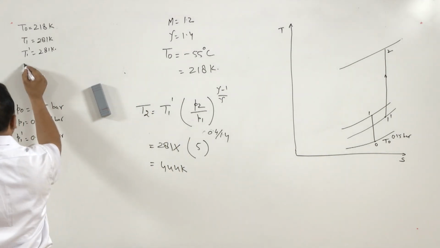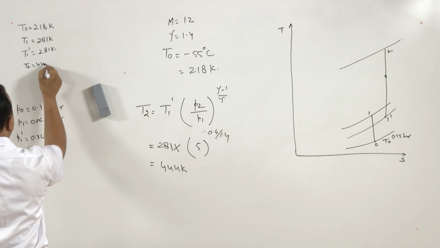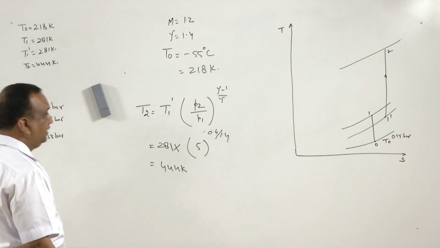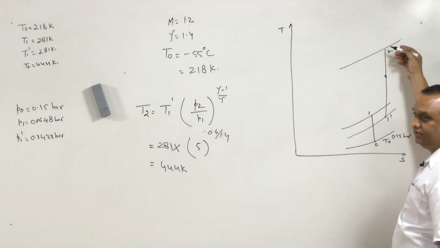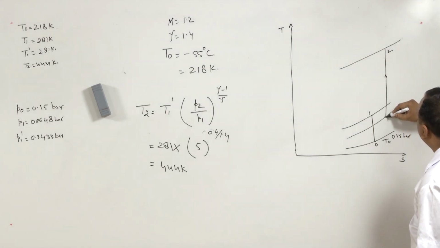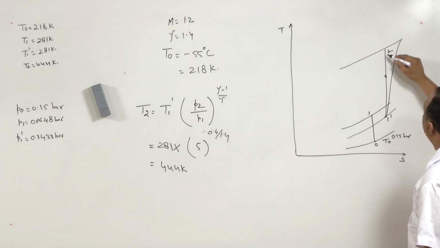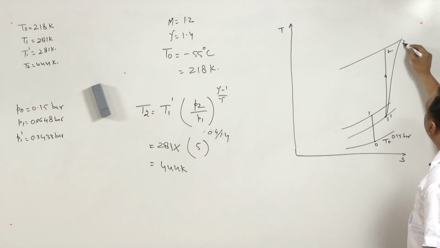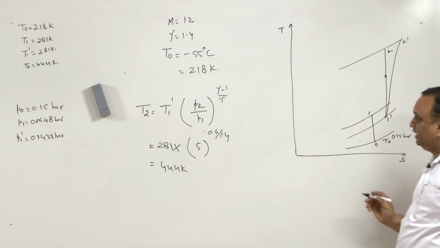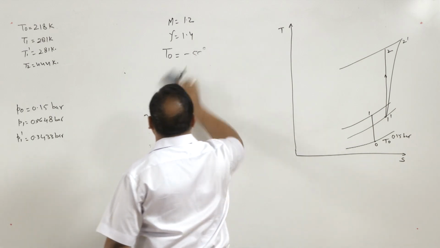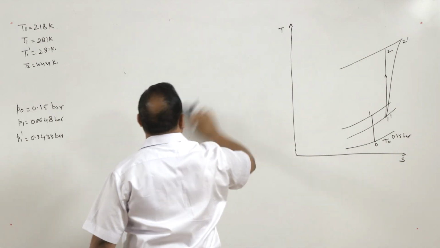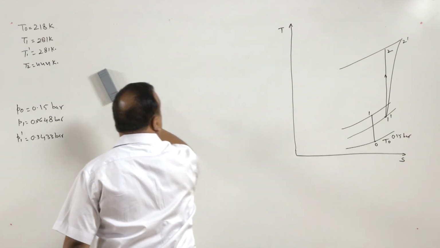Now, T2 is 444 Kelvin. As you know, this process is not a reversible process. It has a certain isentropic efficiency. So, instead of getting state 2, we get state 2 dash. Again, we will use the polytropic efficiency equation here and try to find the value of T2 dash.